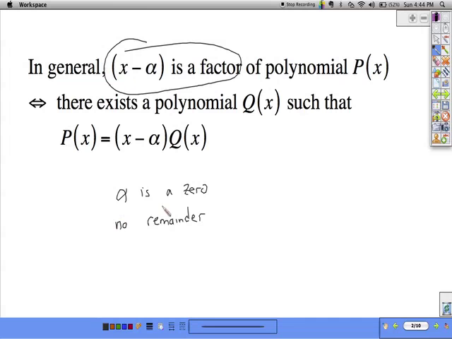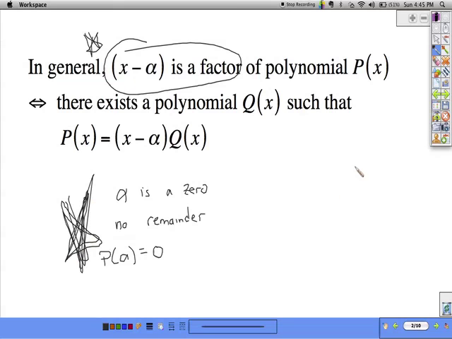And if alpha is a 0, that means that our polynomial evaluated at alpha has to equal 0. So all four of these things represent the same idea. Factoring, zeros, remainders, they're all intertwined.